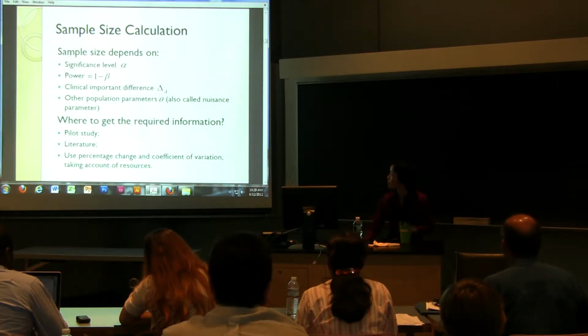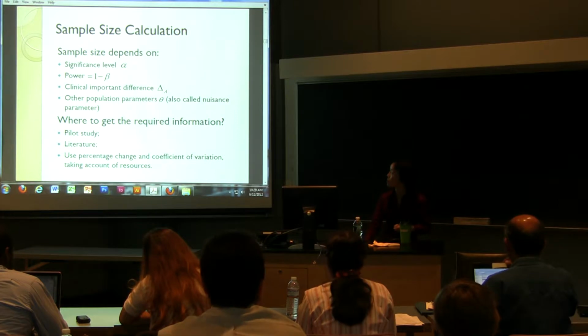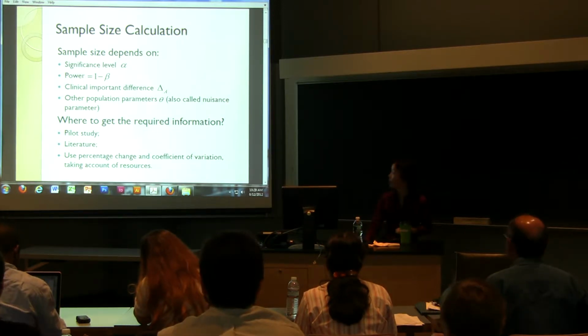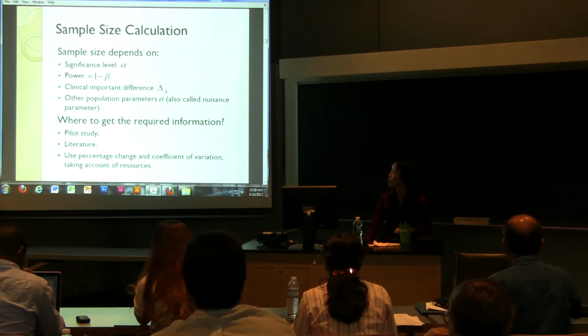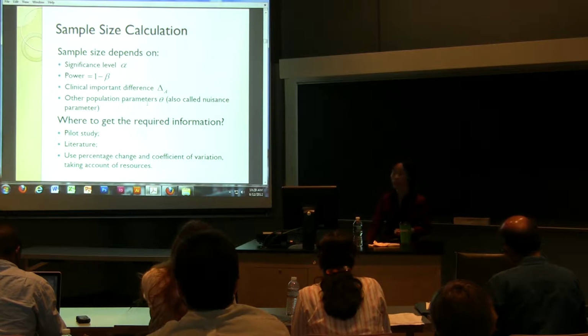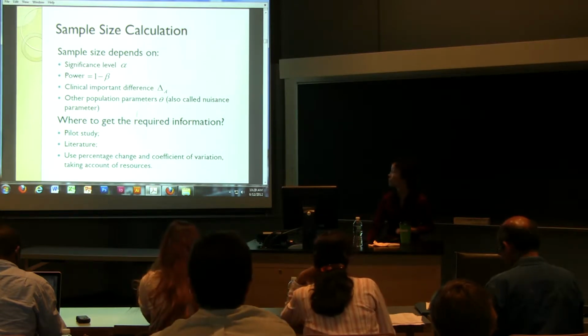So the sample size depends on the significance level, and also depends on the power, the clinical difference, and other population parameters like standard deviation.